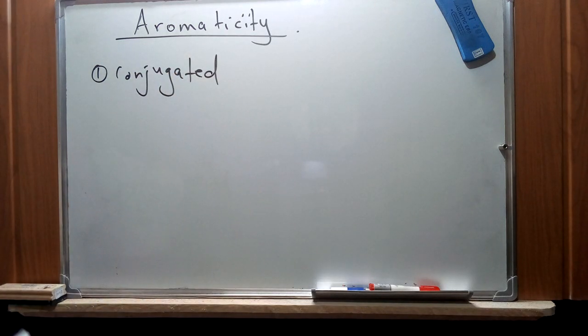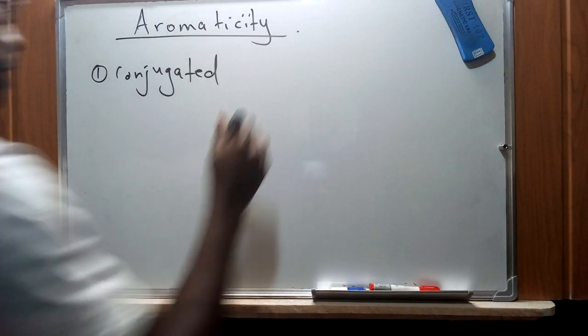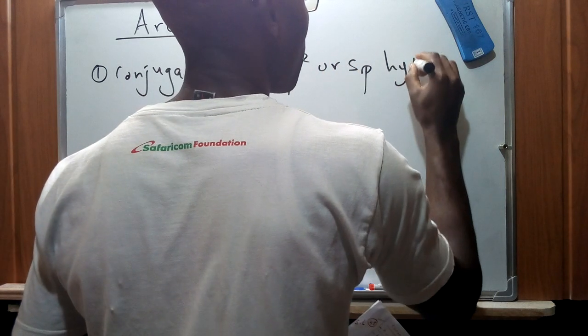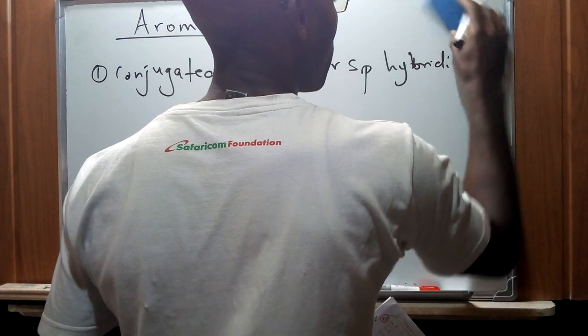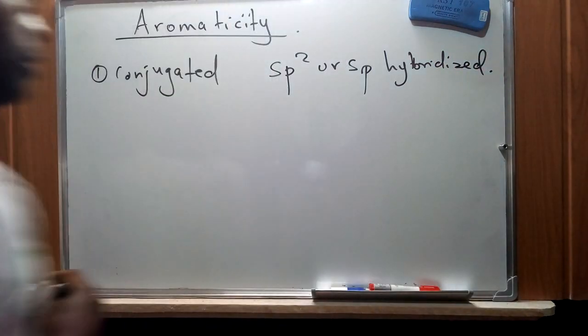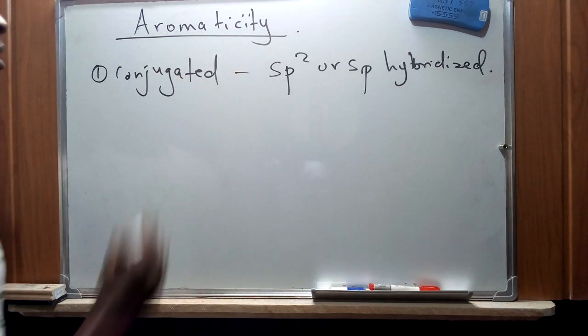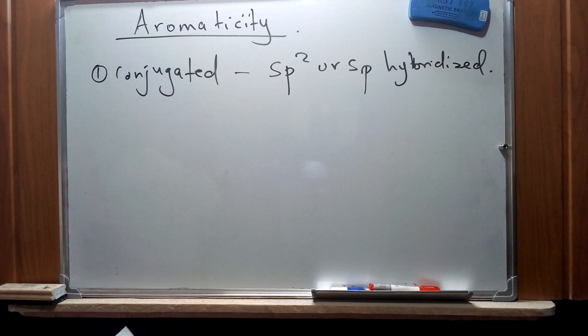Conjugated in this sense means that each atom must be either sp2 or sp hybridized. As we talked about the overlapping of orbitals, and I mentioned the pi and sigma bonds, the concept of hybridization comes from that sense. So the first condition for a molecule to be regarded as aromatic is that it has to be conjugated, which means each atom must be either sp2 or sp hybridized.